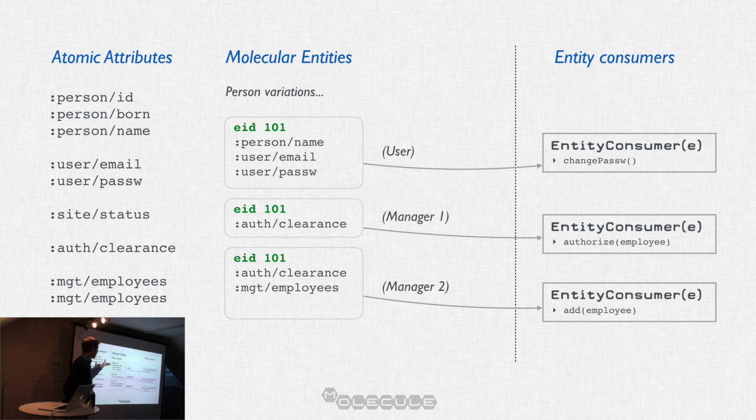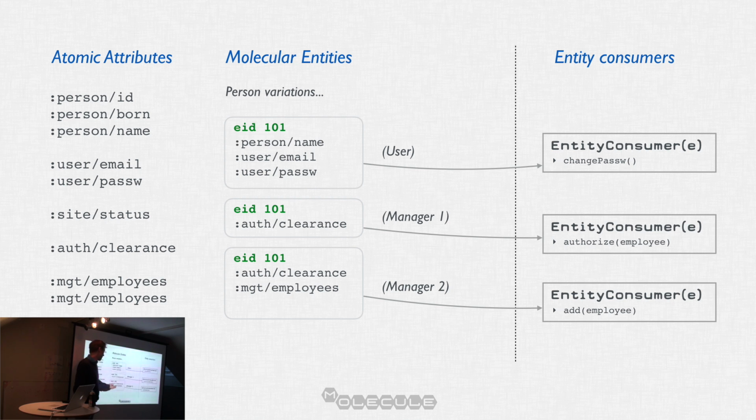So that's why I suggest that we use molecular entities where you have different variations of persons. So you might combine different kinds of persons in different situations, in different contexts. So if a user logs in, you might need the person's name, email, and password. And if it's a manager, you might need the person's clearance level.